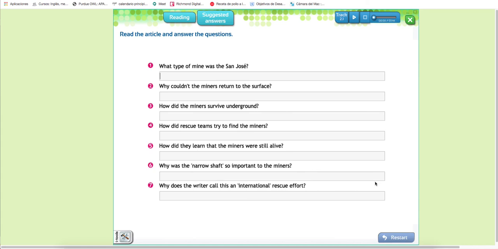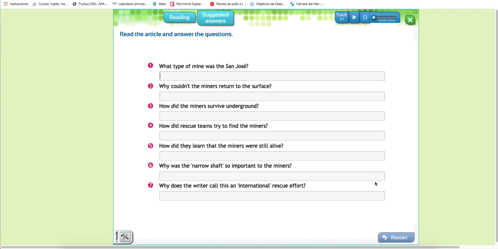I guess I am not very sure of this, but I guess it is because 700,000 tons of rock blocked the mine shaft, trapping them underground. Okay. Let's continue. We'll check it. Don't worry.